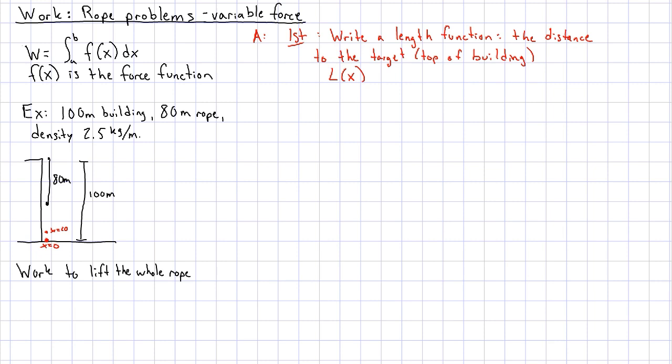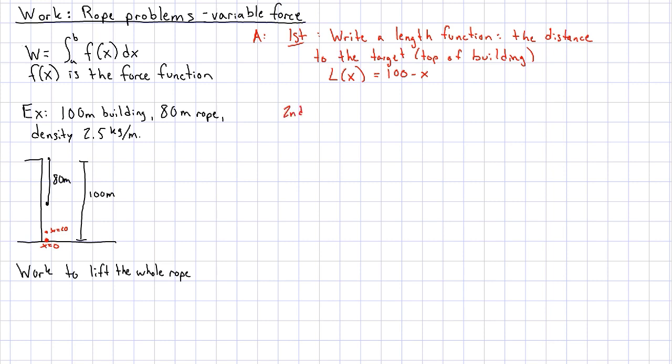So as I move up along my values here, the distance to the target gets smaller. So when x gets bigger, the distance gets smaller. That should indicate to you that there's some kind of subtraction going on. So when the origin is at the base of the building, the length function is always going to be the height of the building minus x. That will always be the length function when your origin is at the base of the building.